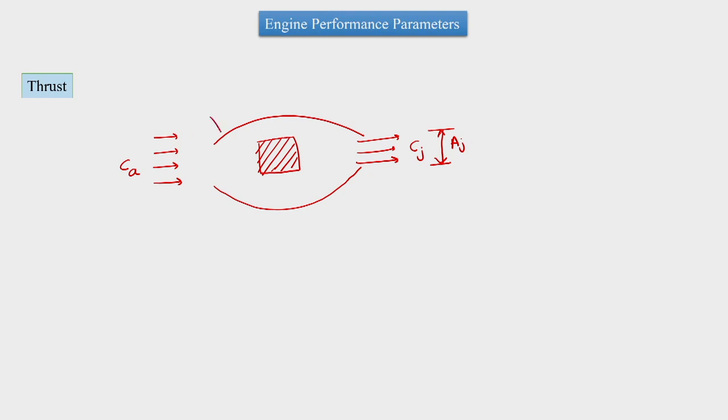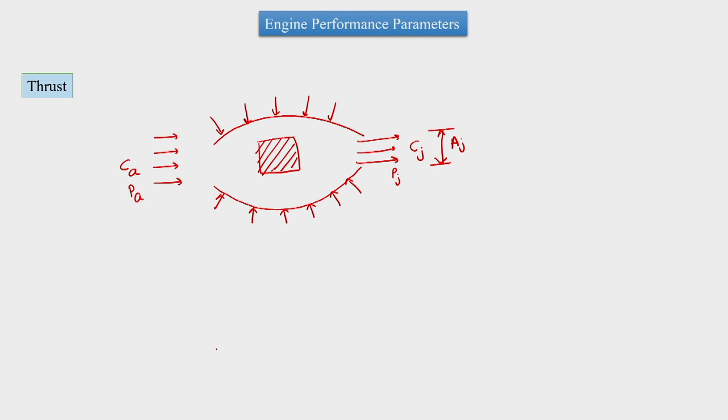Further, the atmospheric pressure in the ambience of the aircraft, from which it is breathing the air, is Pa, and the jet pressure at the exit is Pj.